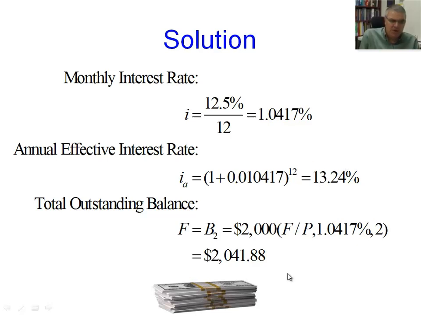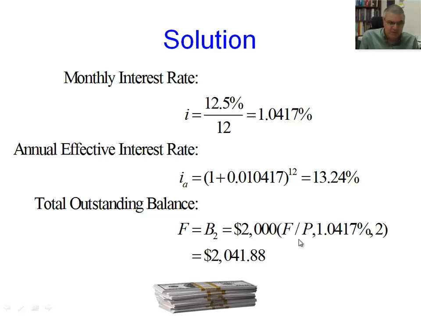There's no other way to do the calculations here, and this is the only correct way that we can come up with this. Now, the only thing that we introduced to you today in this particular slide is the F given P, and that's in the tables in the back of your book.